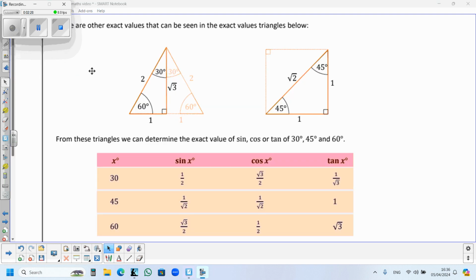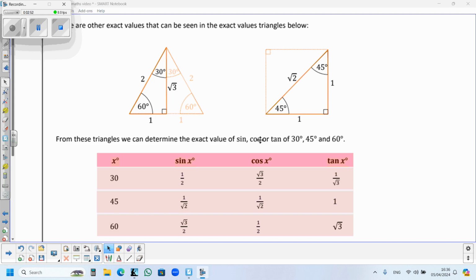Now, the next thing is you've got to know all of your exact values. Now, you either remember them through these two wee triangles. That starts off as an equilateral triangle. All sides are equal to 2 and all angles equal to 60, but we split it in half to make a right angled triangle. And we've got 2, 1, and that would be root 3, because using Pythagoras it's 2 squared minus 1 squared.